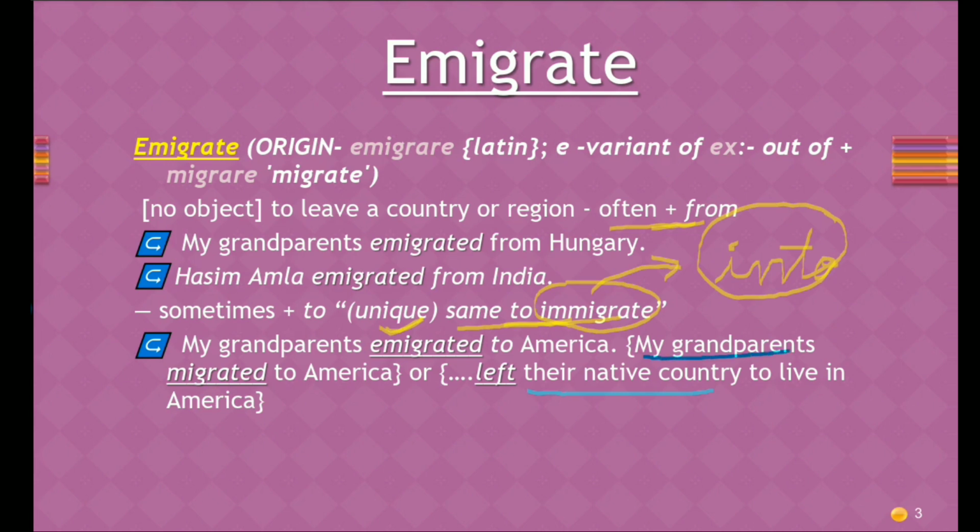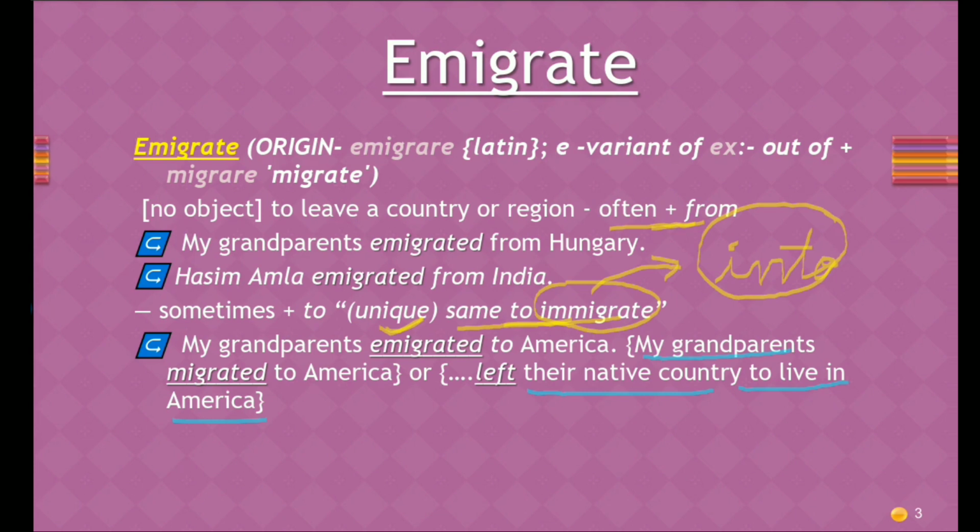Now you must be careful while using it, and you must be clear about what you mean. If you write my grandparents immigrated to America, it means my grandparents left their native country, I don't know what it might be, to live in America. Or simply we can say my grandparents migrated to America.